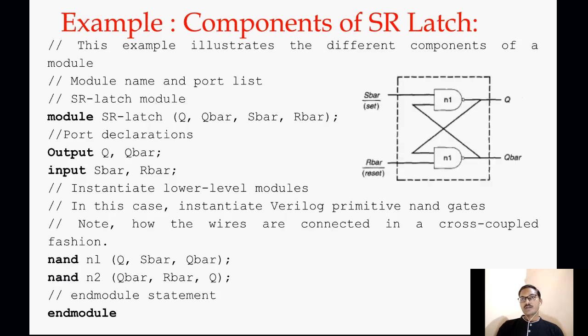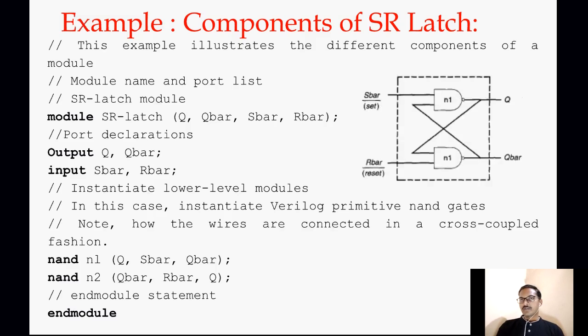So output ports are Q and Q bar, so Q comma Q bar, then S bar comma R bar, close the parenthesis, semicolon. So this is the way to write a module: module SR_latch (Q, Q bar, S bar, R bar); semicolon.